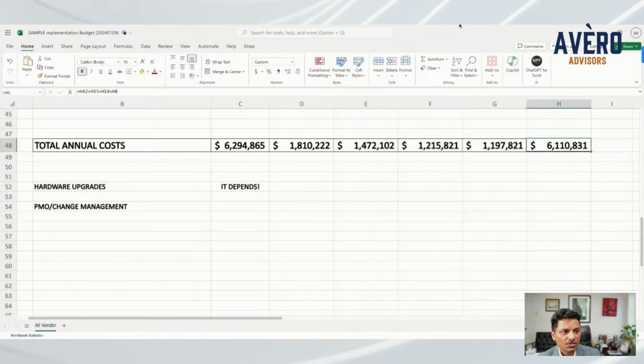And there you have your total cost of implementing the system, cost of ownership over the life of the contract. And of course, if this is a 10-year contract, it goes beyond that.